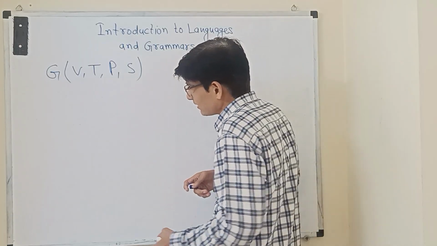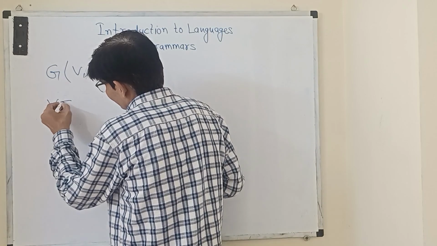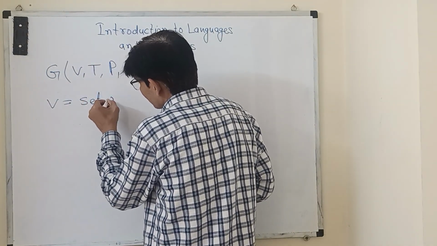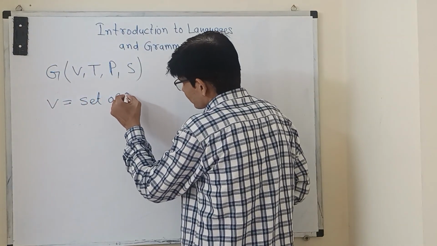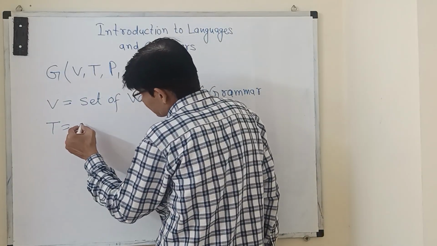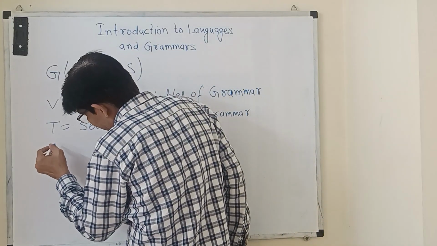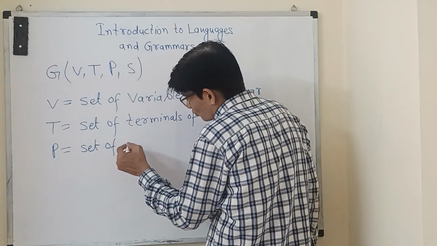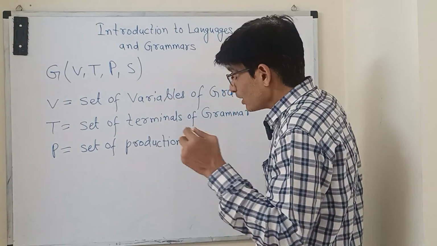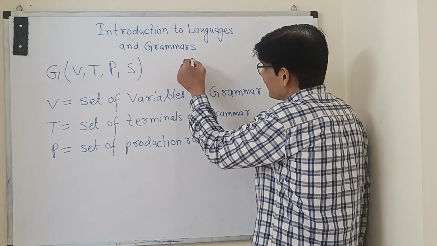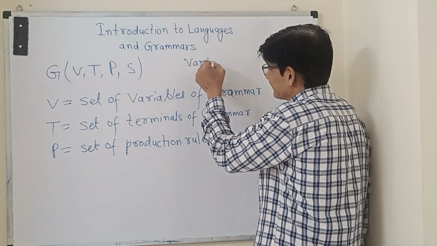Now what are these tuples? V is the set of variables of the grammar. T is the set of terminals of the grammar. P is the set of production rules. Production rules, as we just discussed, mean variables can be replaced by terminals.